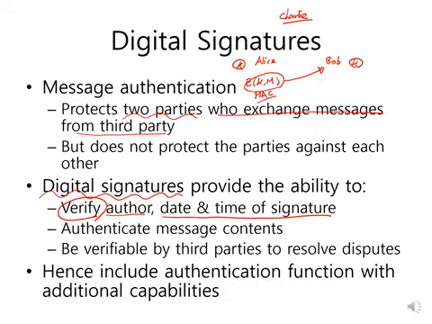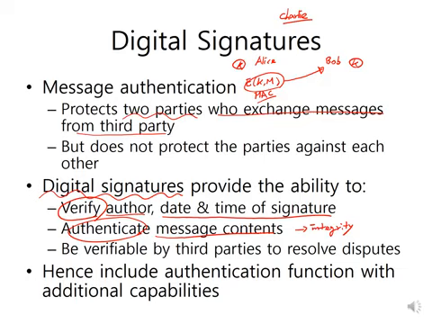So verification is one very important ability provided by data signatures. Second, data signatures can authenticate message content, which means they can be used to check the integrity of the messages.